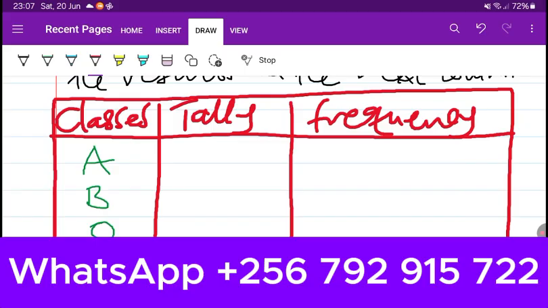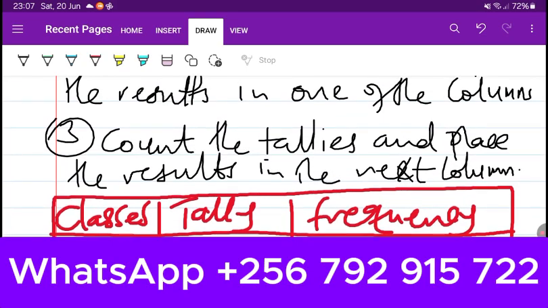Then we go to the side of tallying. Of course, you have to make the column for tallies a little bit bigger compared to the others, because for the tallying you have to be tallying those items. Now if we scroll through the questions and look for blood group A, this is how we do the tallying.